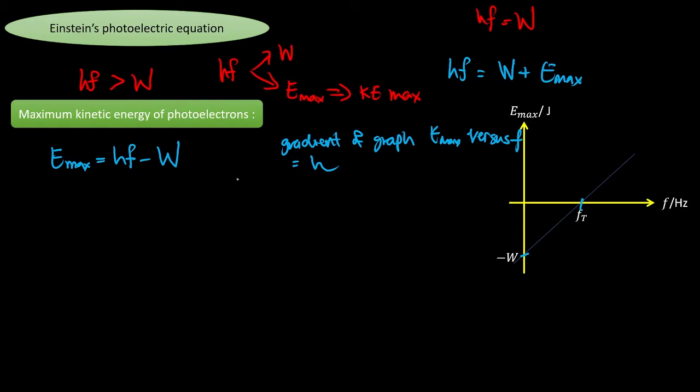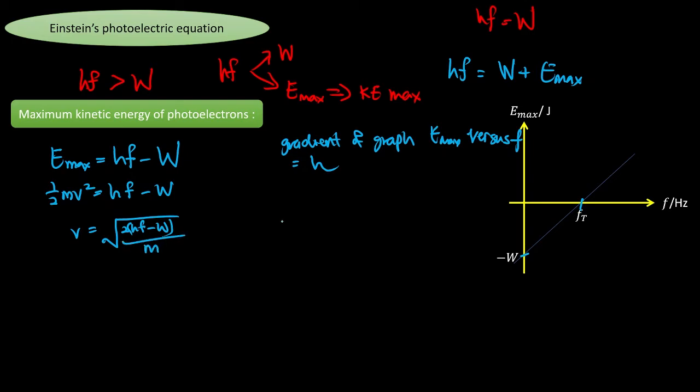From here you can see that since kinetic energy is equal to half mv squared, v will be equal to the square root of 2(hf minus W) over m.